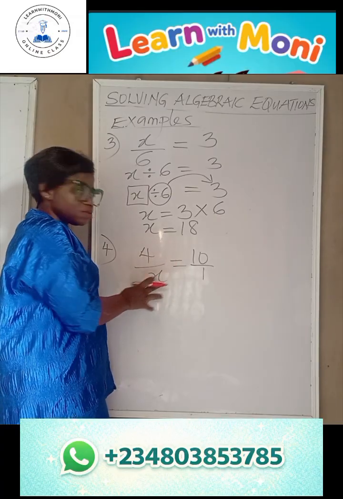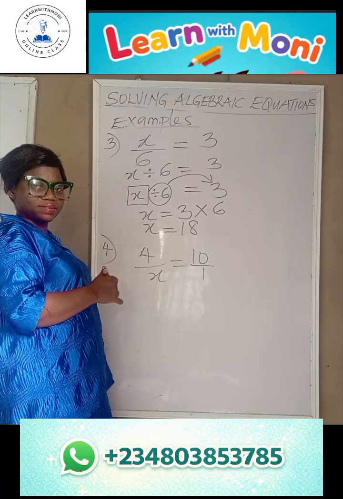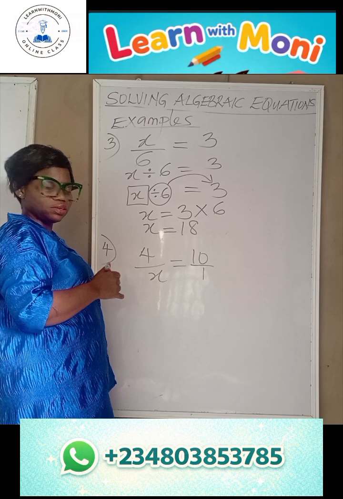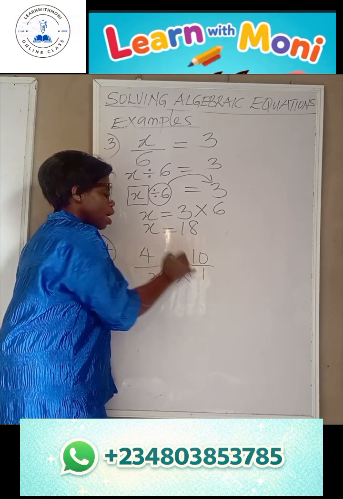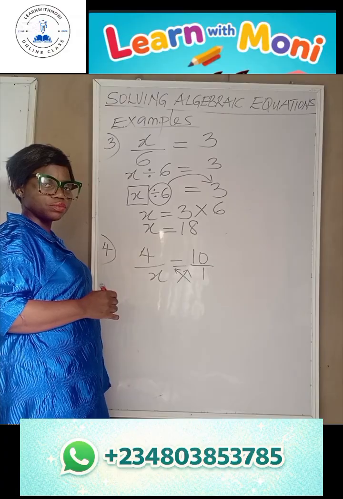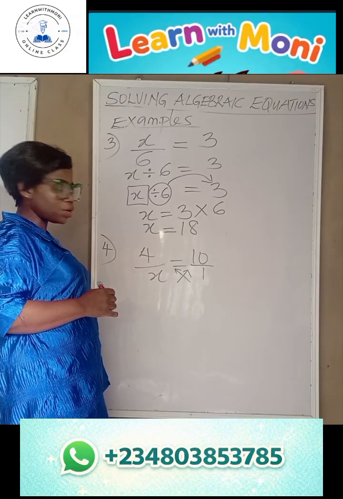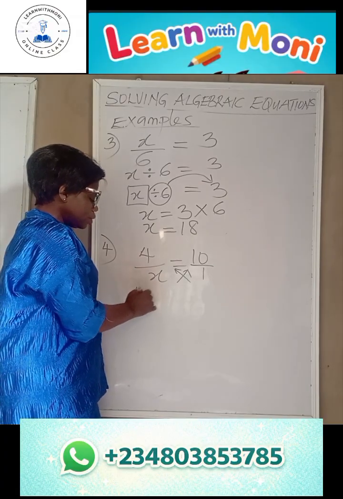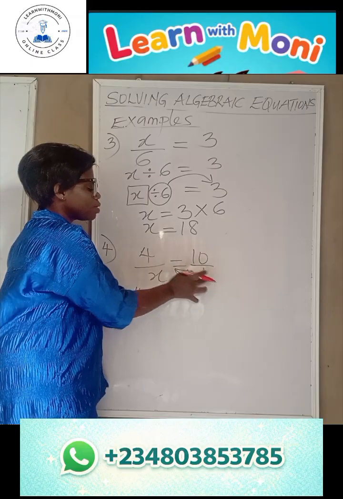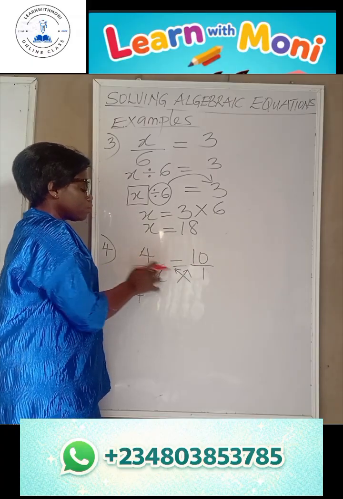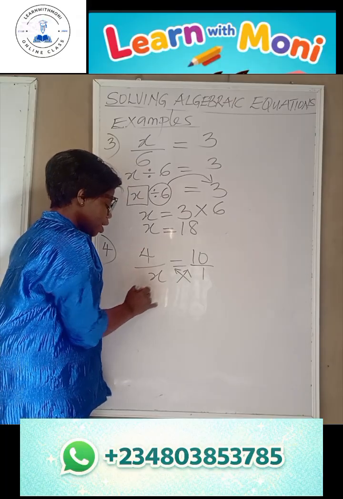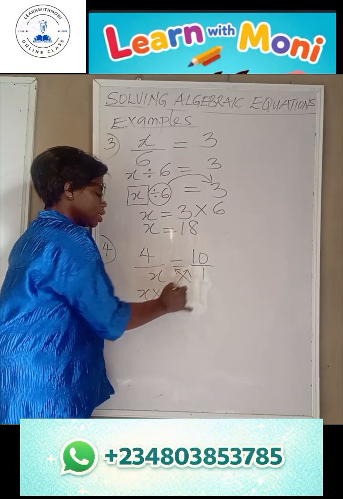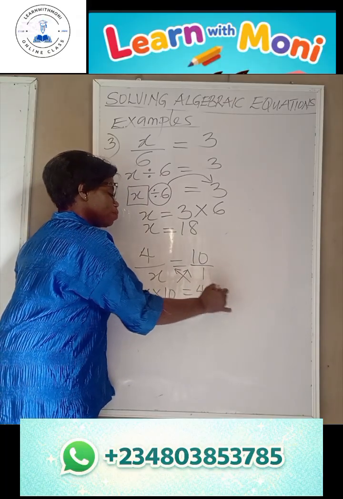What I have here is 4 divided by x. So I want to clear the denominator. To clear the denominator, I will do cross multiplication. By cross multiplication, I have 4 multiplying 1 equals to x multiplying 10. Let's pick our x first. X multiplying 10 equals to 4 multiplying 1.